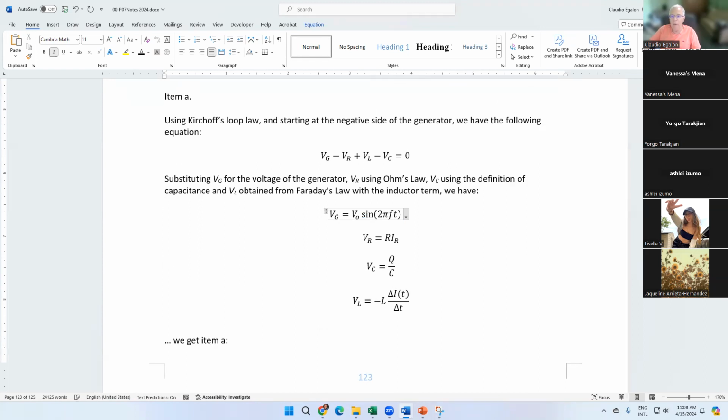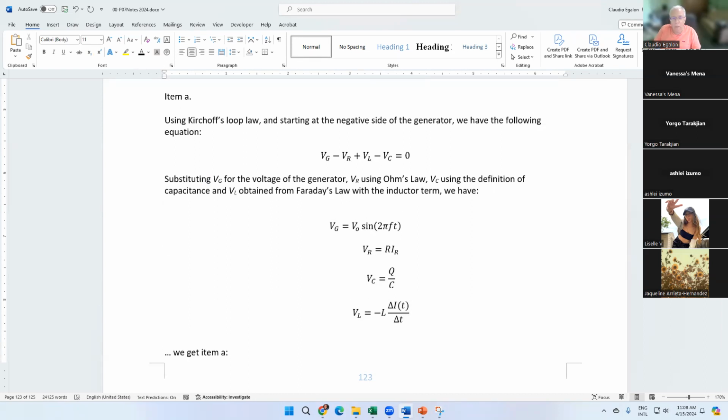V sub G equal to that. All those equations that we need. Good.